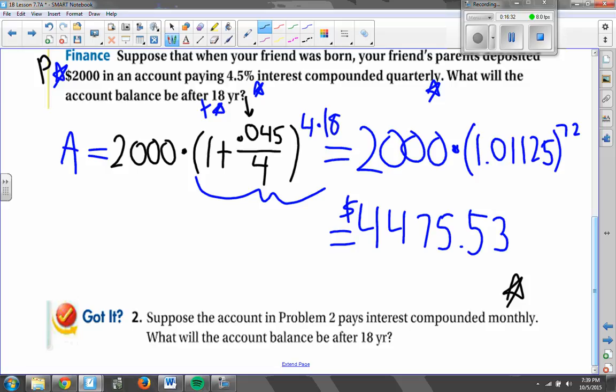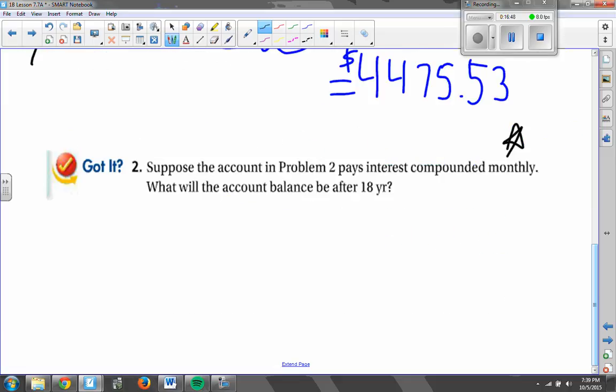So it should look very similar to all of this business here. The only thing that changes is that we're compounding monthly instead of quarterly. Take a look at that problem. Use your compounding interest formula. Once you've mastered that problem, you are ready for your practice problem set.